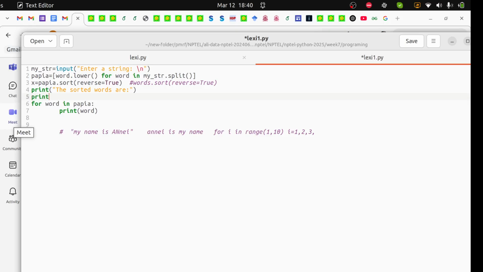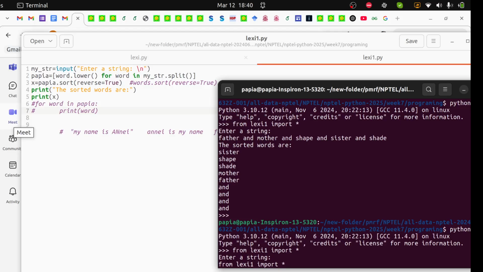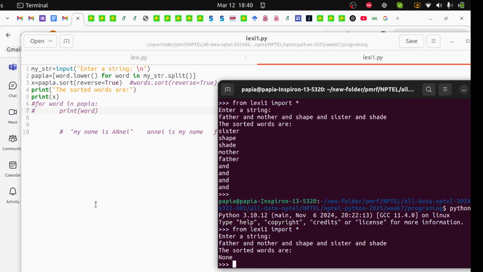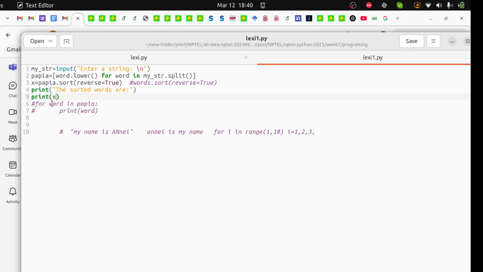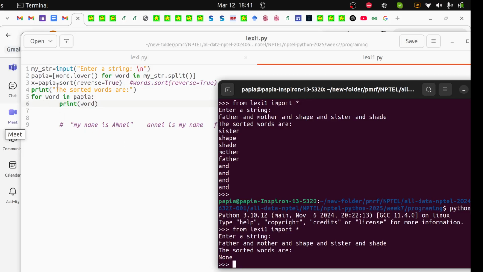I just want to print x, and I don't want these lines. Then you can see there is None. Why is there None? Because the sorted words are in x and there is no sorted of that. So here I will write it in the sorted form of words. For this case, I just want a sorted form of words.